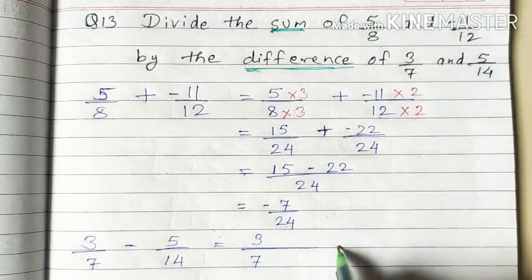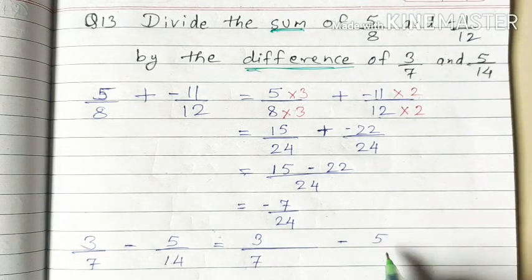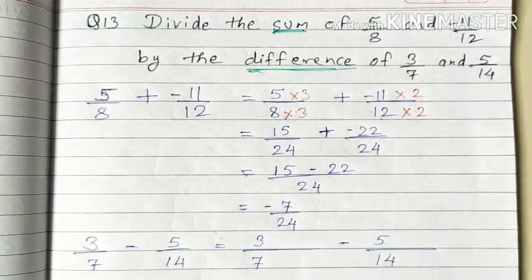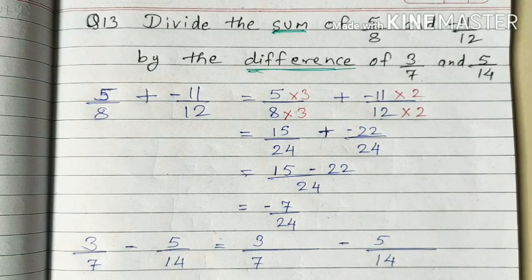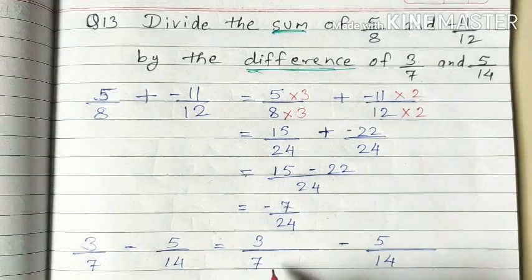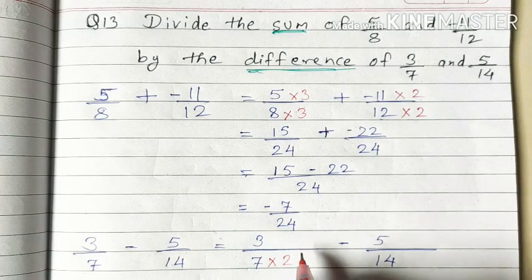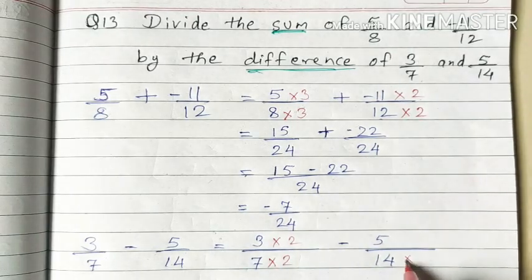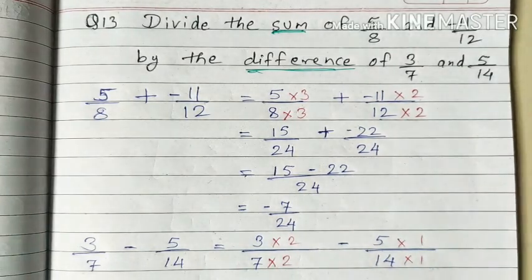Once again, let us check the denominators. Are their denominators equal? Not equal, right? So if denominators are not equal, multiply by 2, multiply by 2, multiplied by 1. Got it? Because the LCM of 7 and 14 is 14.